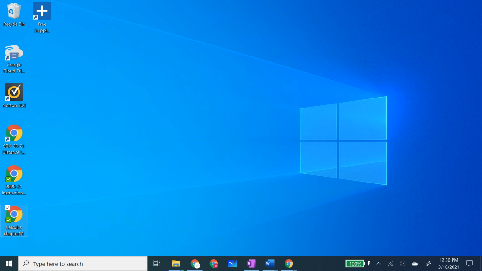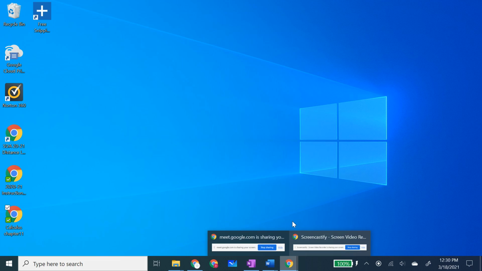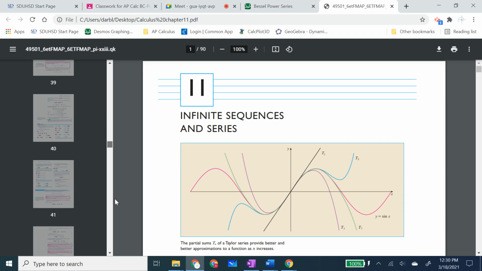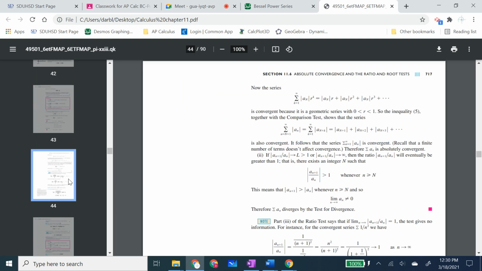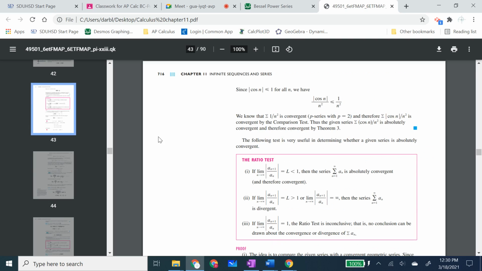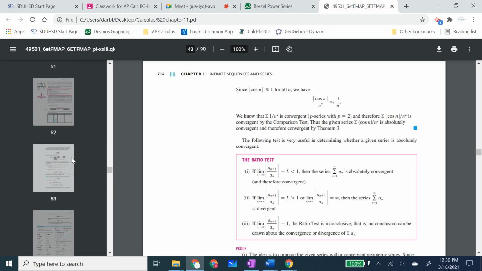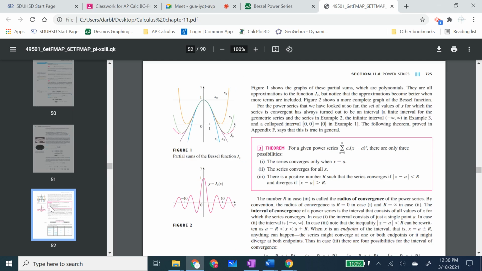Because I need my textbook, which I forgot to open during. Okay, now textbook. There we go. There's one thing I forgot to pull out as a clip. Let me just see where I'm at. Further. There we go.